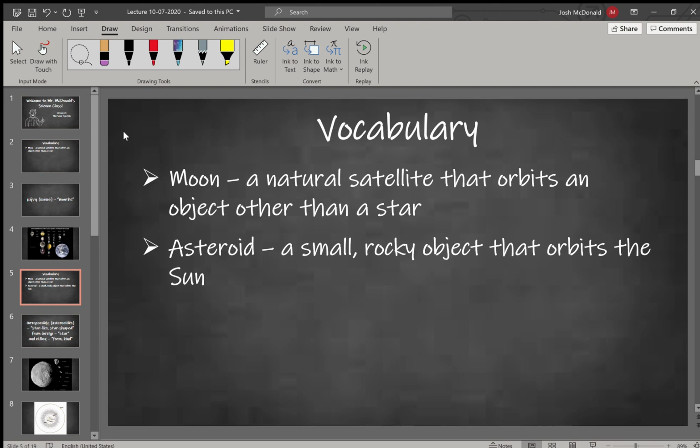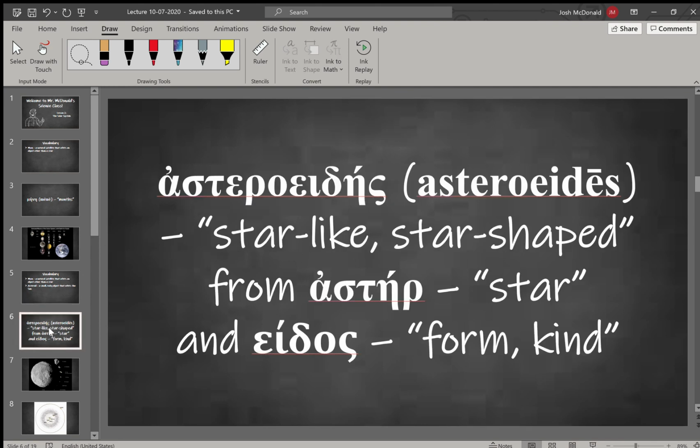Now, the word asteroid actually comes from a couple different Greek words, but the Greek word that we use is asteroides, which means star-like or star-shaped, and it's from the word aster, meaning star, and eidos, meaning form or kind.